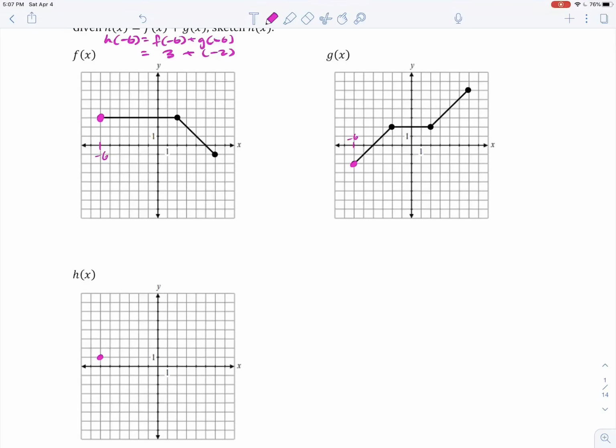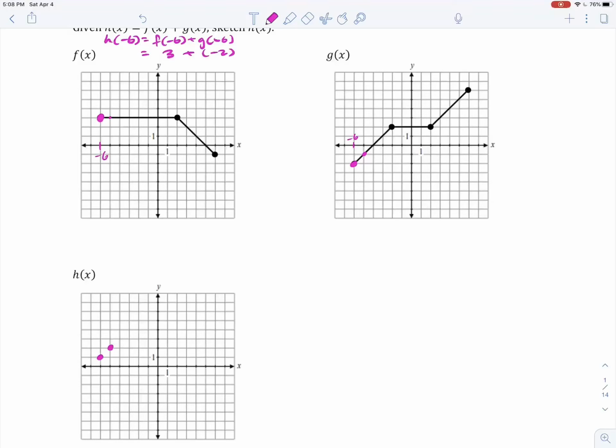When we do this graphically, we can do this point by point. So we look at the next value over. Over here on f, y is equal to 3 again. But now on g, y is negative 1. And 3 plus negative 1 is 2. Therefore, h of that x value, h of negative 5, is 2.